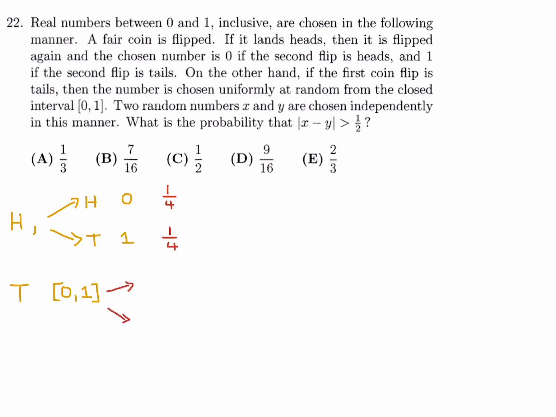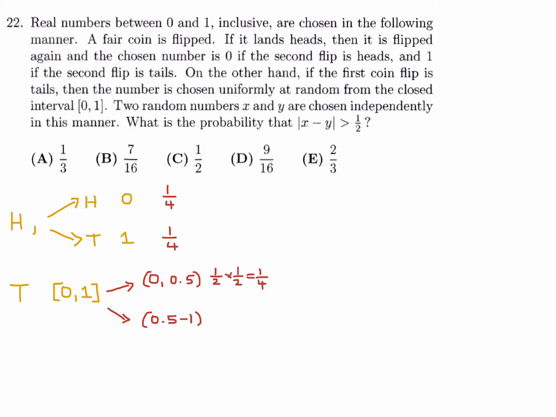And now I'm going to break this last case up into 2, because that's what's going to help us in the question. We can either choose something that's between 0 and 0.5, or we can choose something that's between 0.5 and 1. And each of these has a probability of a half times a half, which is a quarter.